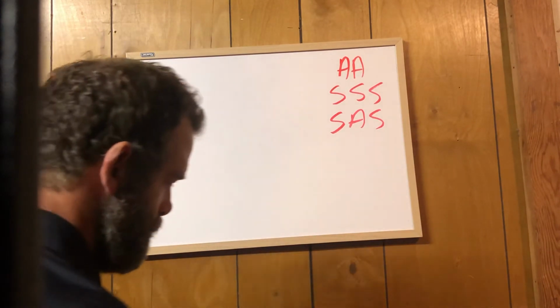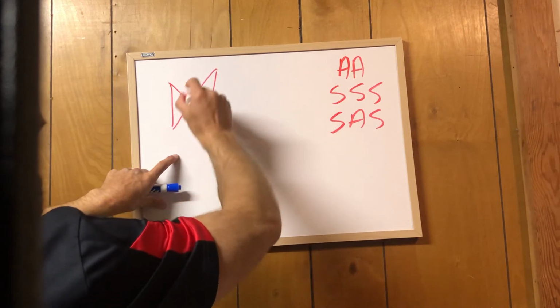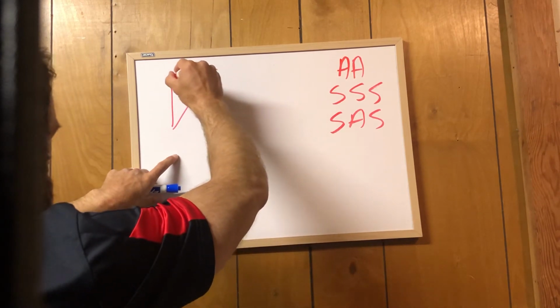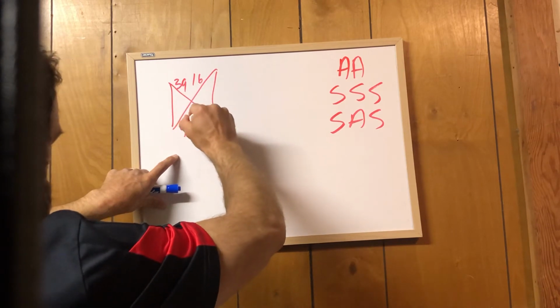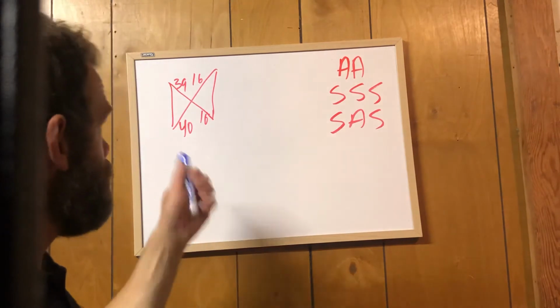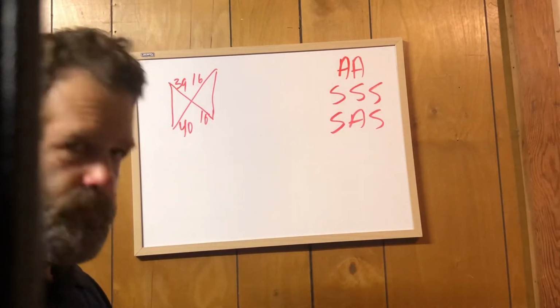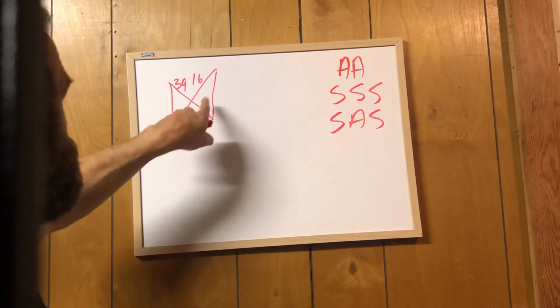The first one. You should be able to tell right off the bat these two are not similar. The reason why they're not similar is because this is an isosceles triangle, this isn't.